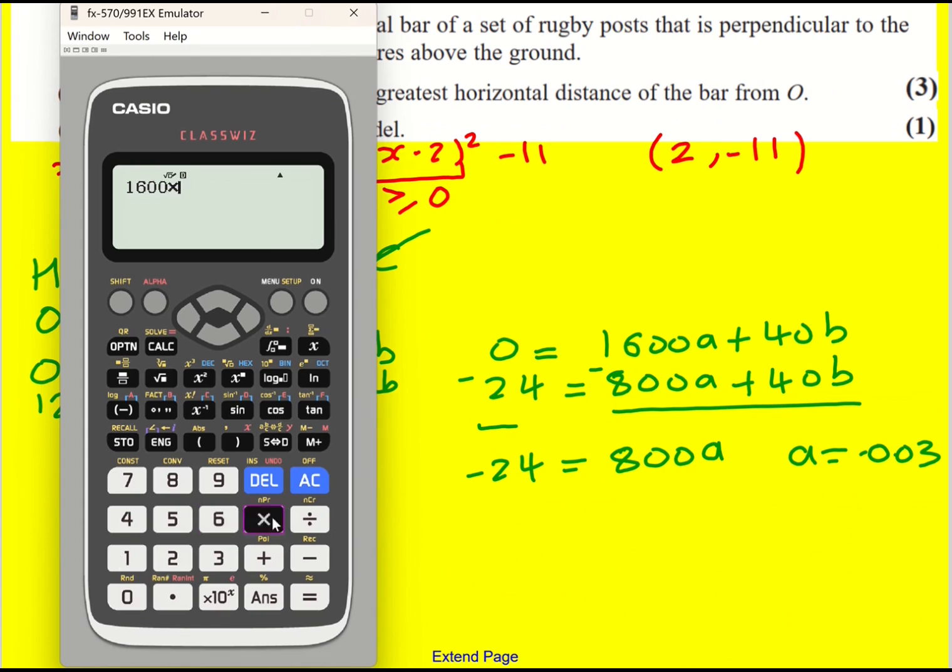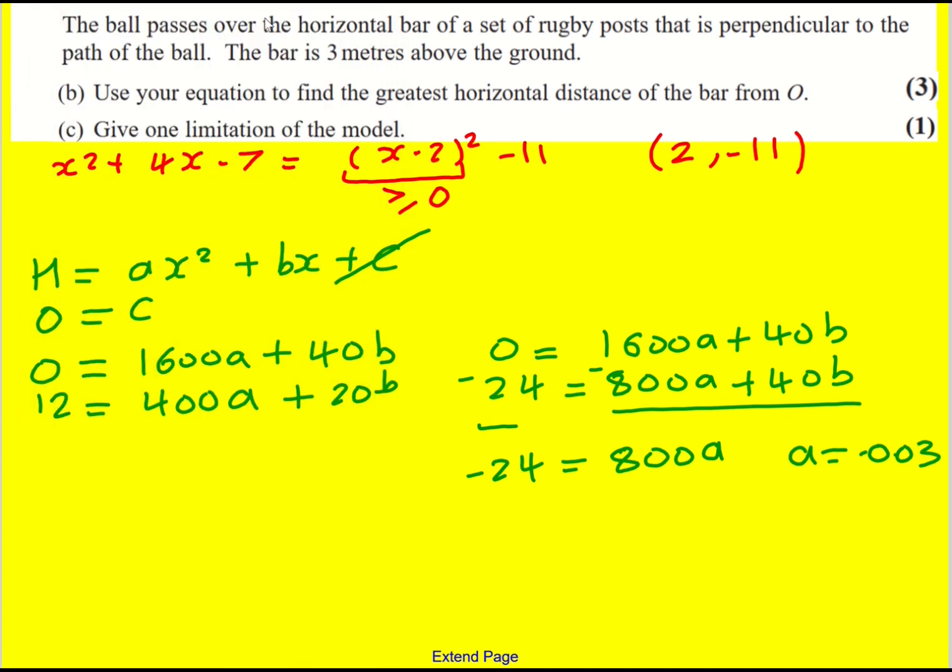So 1600 times minus 0.03. That's minus 48. Add the 48 on. Do 48 divided by 40 to get b, which gets us 1.2. So h is minus 0.03x squared plus 1.2x.